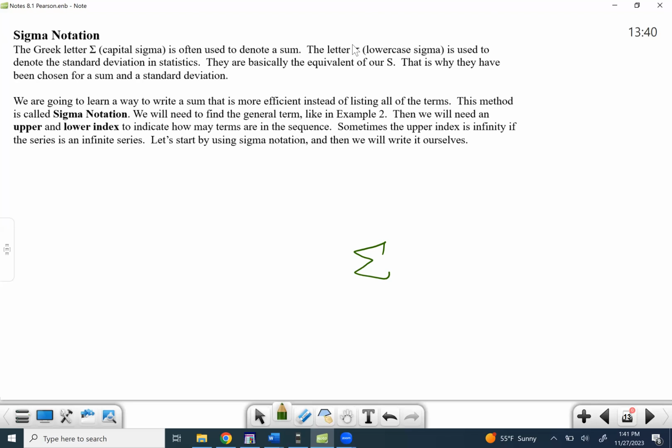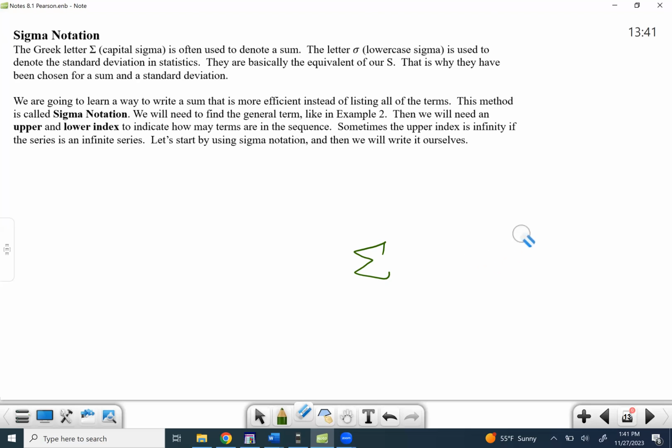They're basically our S. So that's why we use it, S for sum, S for standard deviation. There's one capital P, capital pi, which is like our P, and we use that when it's a product instead of a sum.